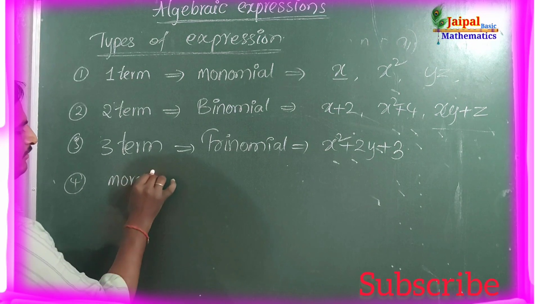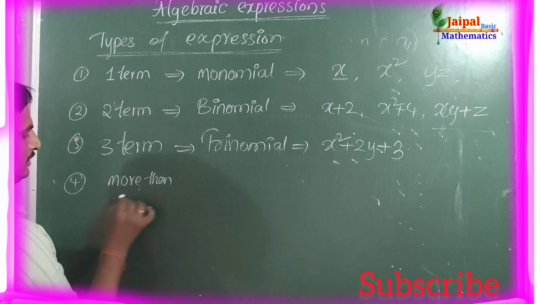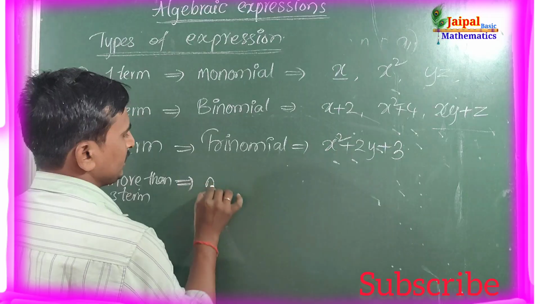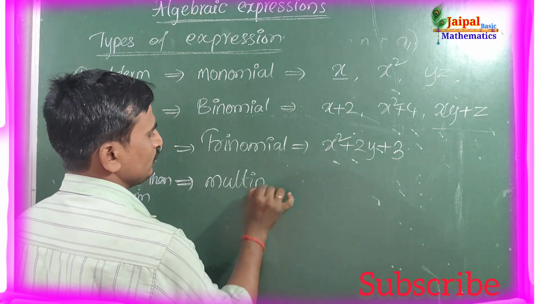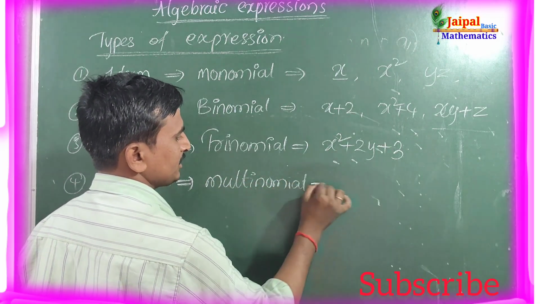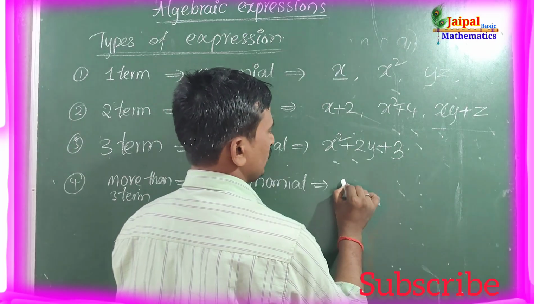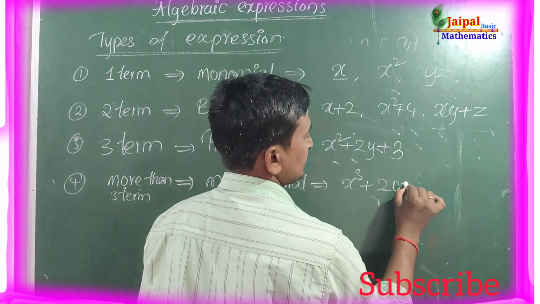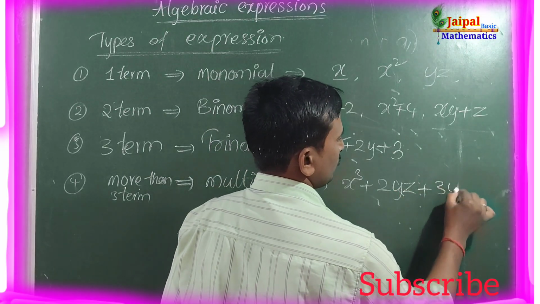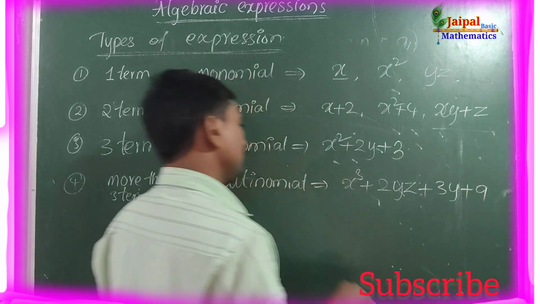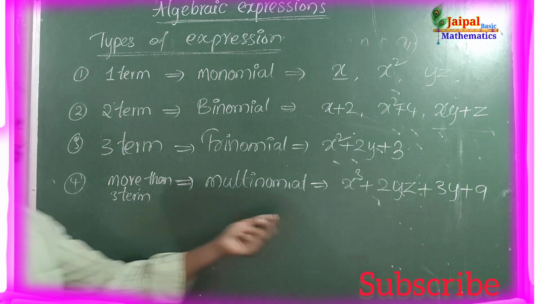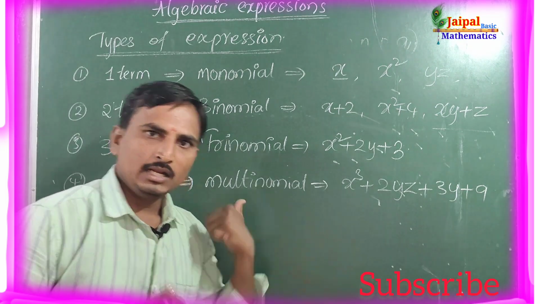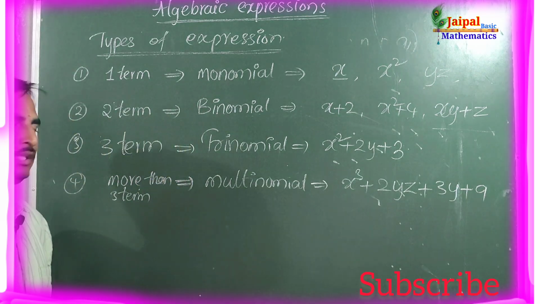An expression which has more than 3 terms is called multinomial. Example, x cube plus 2yz plus 3y plus 9. Here more than 3 terms, so this kind of expression is called multinomial.